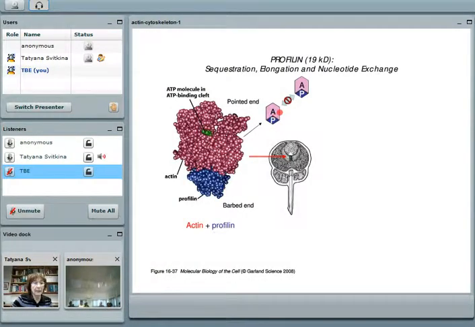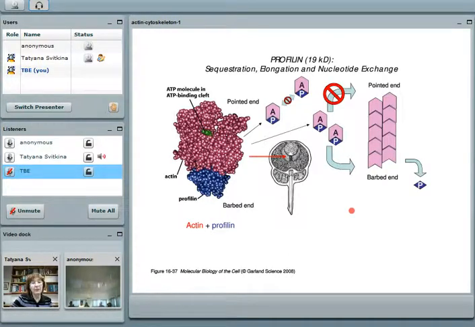So diagrammatically, this is actin, barbed end bound to profilin. If you have all monomers bound to profilin, they cannot interact with each other, because for polymerization the pointed end needs to interact with this barbed end, and it cannot because profilin blocks it.